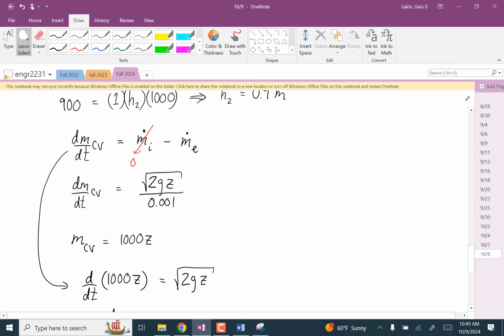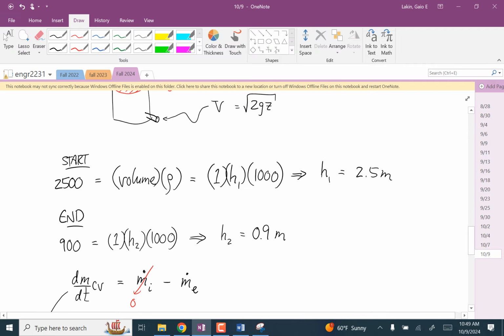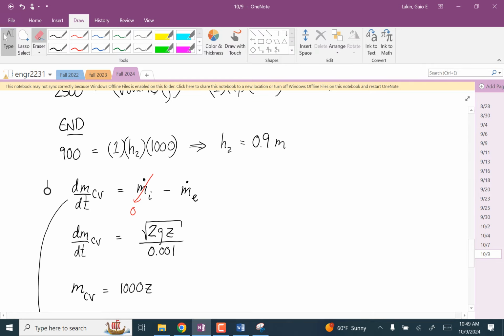I think I ended up with the density times the area of the exit times the velocity. I got 0.3 square root 2gz. Right, I did the wrong area. That was a tough one.